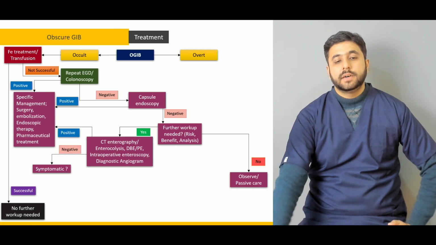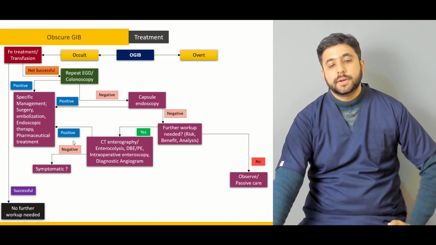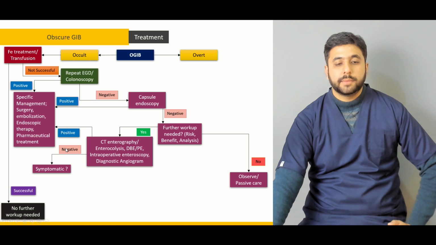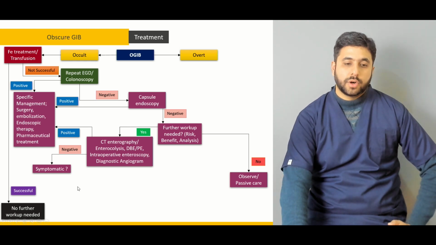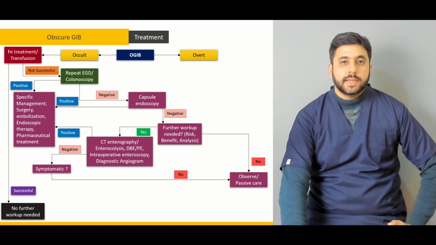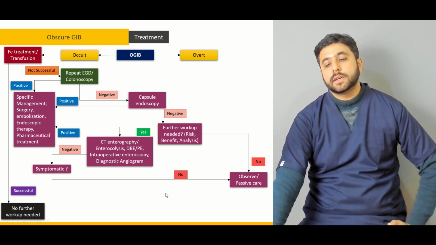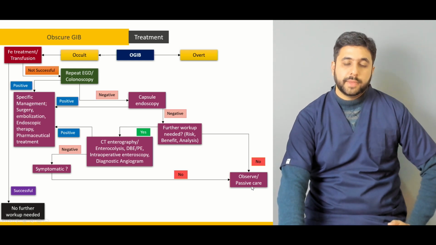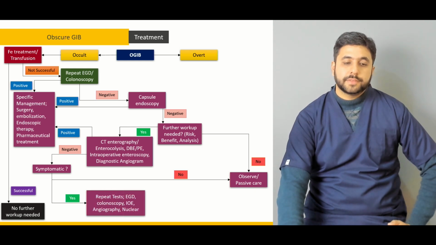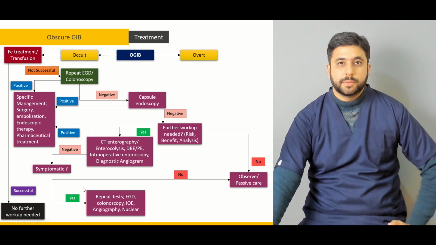If it is not medical, if the CT angiography or these advanced procedures like the angiogram are still negative, then we have to look at whether the patient still has symptoms or not. If the patient doesn't have symptoms, then you can conservatively manage him with the help of passive care or palliative care.